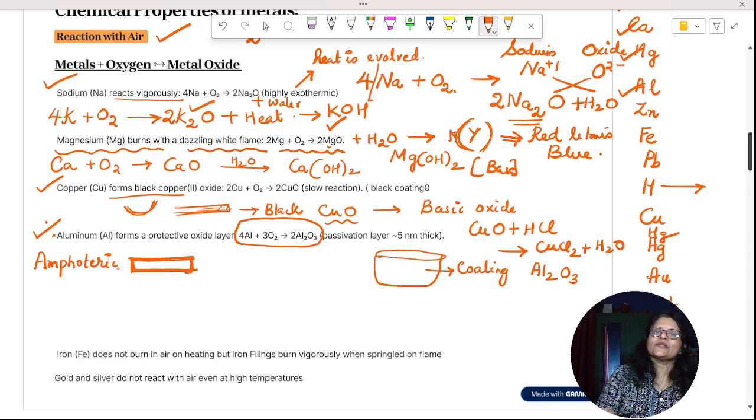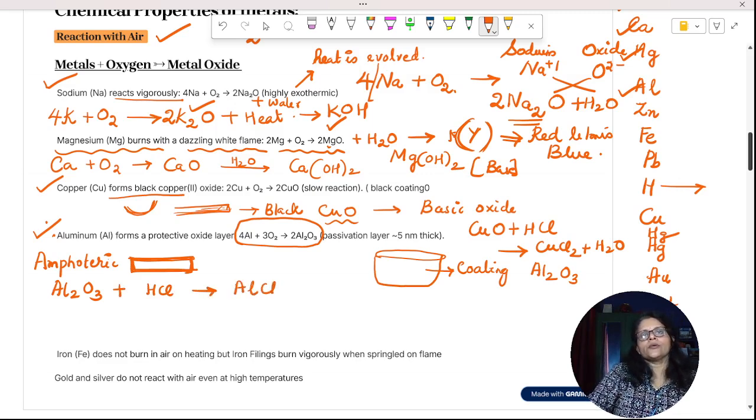Similar is the case of aluminium oxide. It can act as a basic oxide, or it can be an acidic oxide. For example, this aluminium oxide can react with hydrochloric acid to form aluminium chloride plus water.